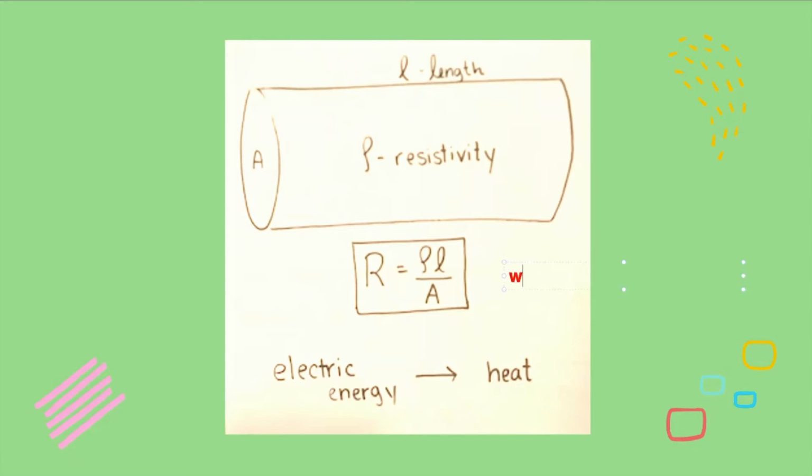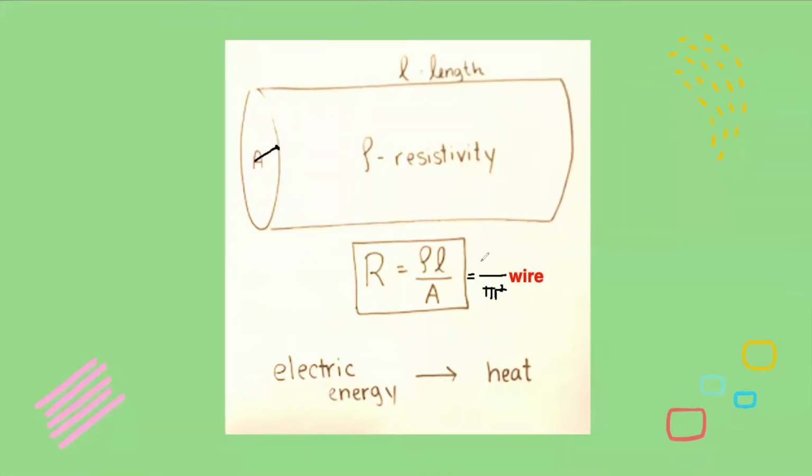So the resistance for a wire depends on the material, that's its resistivity, the length of the wire, and the area of the wire. You can also rewrite this in your mind, if you want to, as the area depends on pi r squared, because it's the cross-sectional area of this circle here.